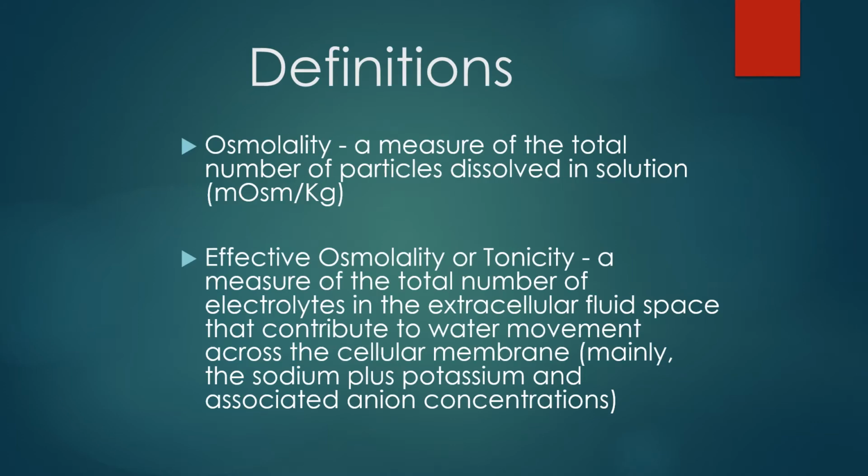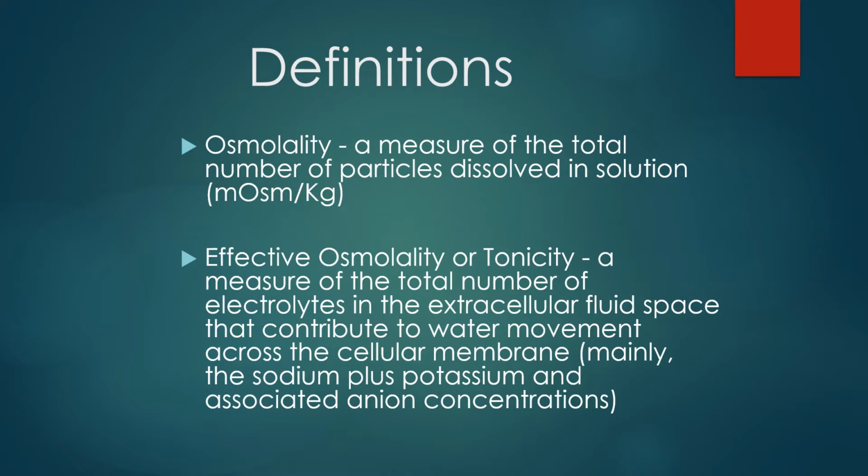Here are some definitions we commonly use when we're talking about fluids and electrolytes. The osmolality is a measure of the total number of particles, or osmoles, dissolved in a kilo of solution, which is essentially the same as the osmolarity, where the denominator is in terms of liters of solution.